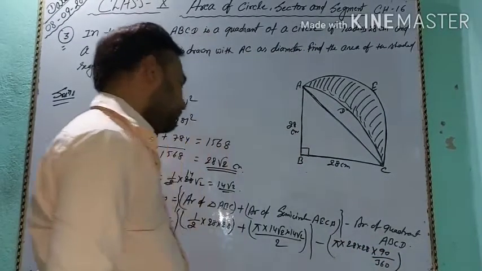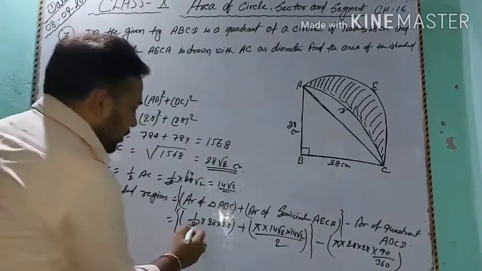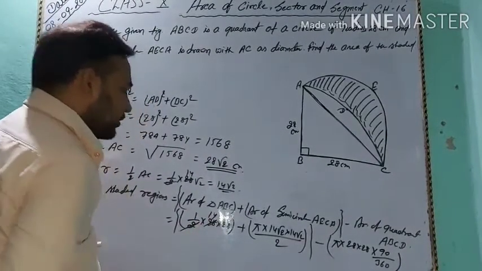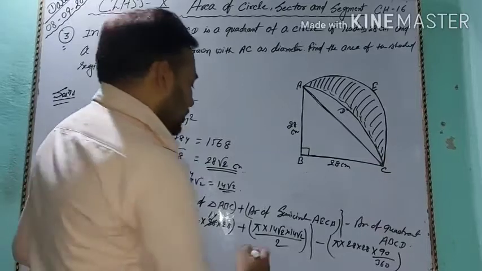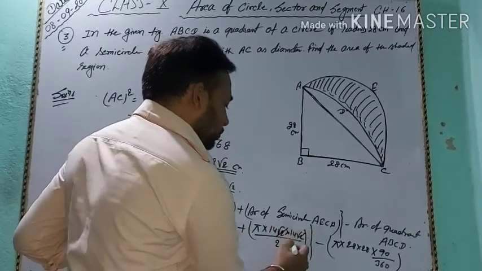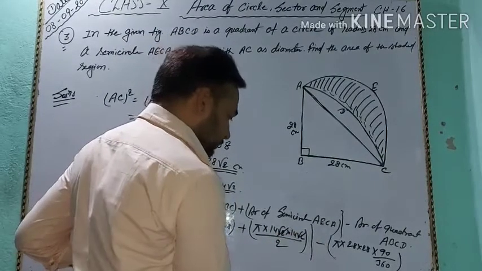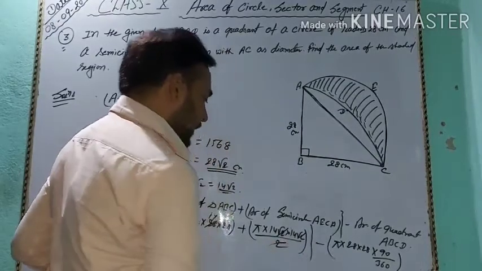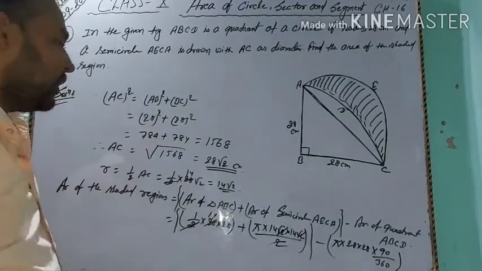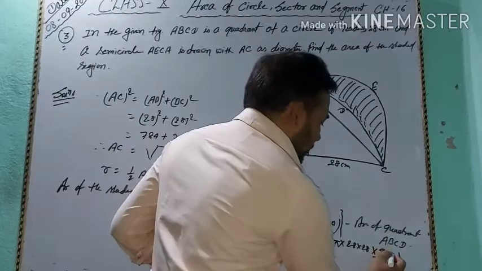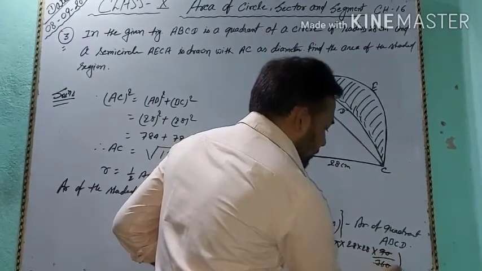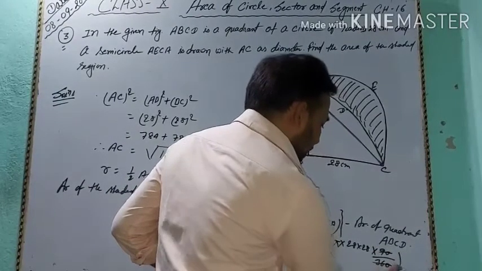The 2 cancels, and 90 by 360 is 1 by 4, and 7 times 28.